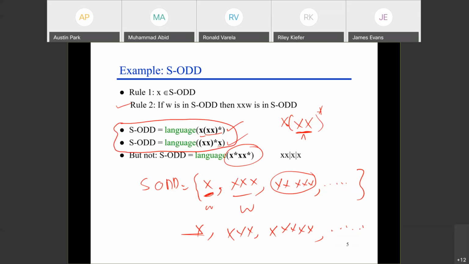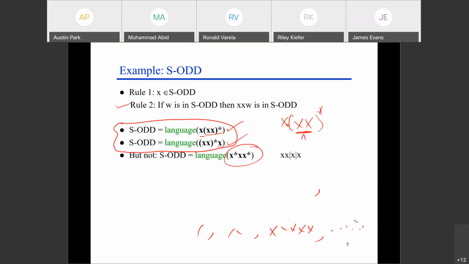I just explained that. So now my question is, if we have x star x x star, this is not equal to this and this. Why?